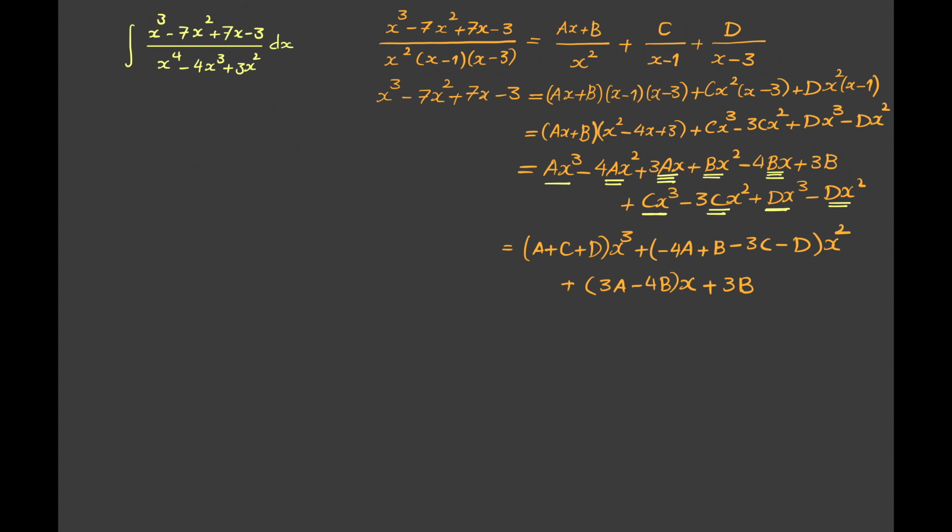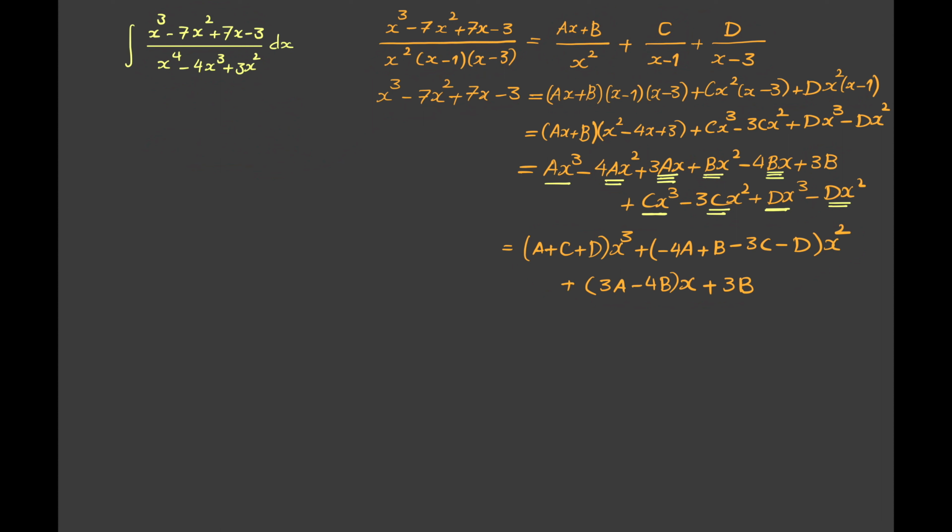Now what I have to do, on the right hand side I have a polynomial of degree 3. On the left hand side I also have a polynomial of degree 3. I want to fine tune these coefficients a, b, c, and d so that this polynomial is identical to this polynomial. This cannot happen unless the corresponding coefficients match.